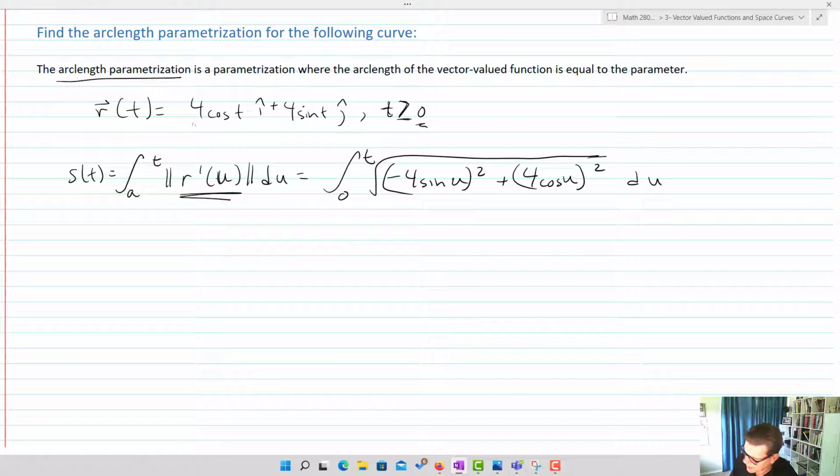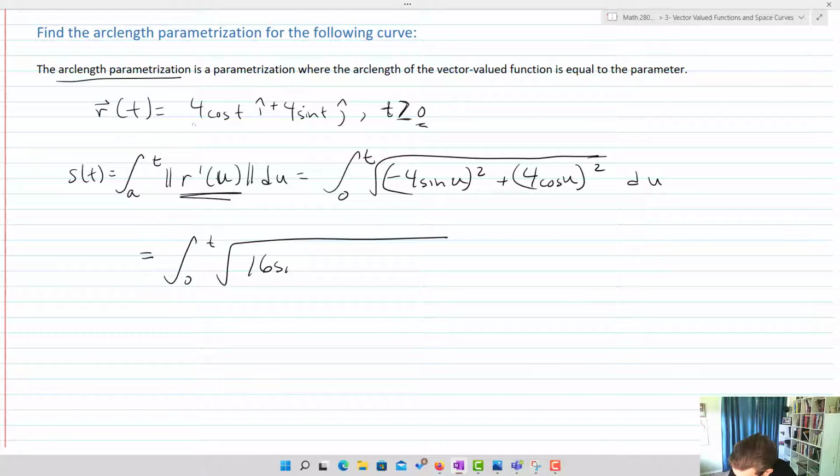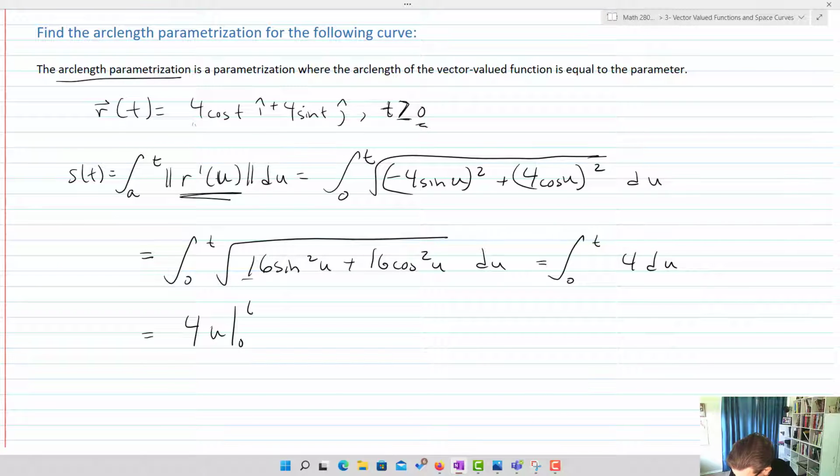That ends up equaling the integral from 0 to t of the square root of 16 sine squared u plus 16 cosine squared u du, which is the square root of 16 times sine squared u plus cosine squared u, so it's the square root of 16, which equals 4. So we have the integral of 4 du, which is 4u evaluated from 0 to t.